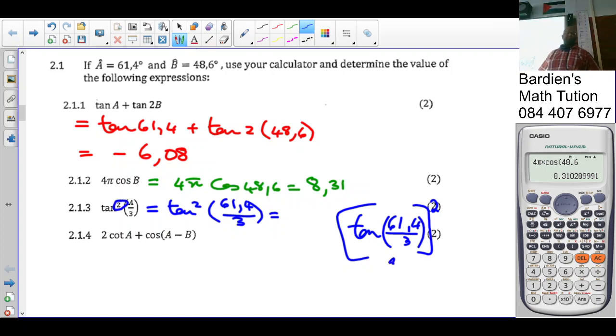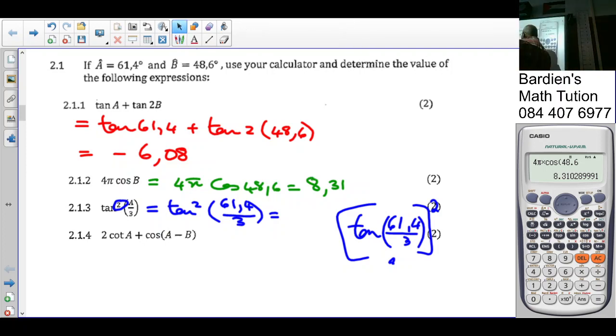We can't square the tan on the calculator. The tan is a function. The tan of 61,4 over 3, that answer must be squared. Make sense?